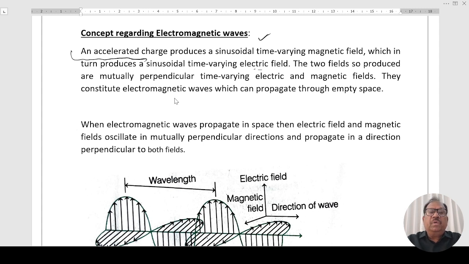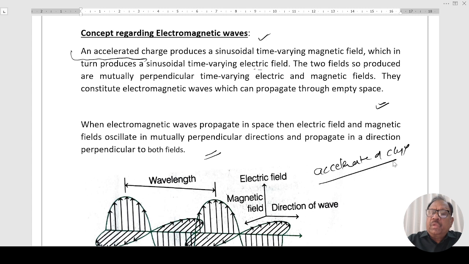They constitute electromagnetic waves which can propagate through empty space. When electromagnetic waves propagate in space, the electric field and magnetic field oscillate in mutually perpendicular directions and propagate in a direction perpendicular to both the fields. Means electromagnetic waves are generated by accelerated charge.